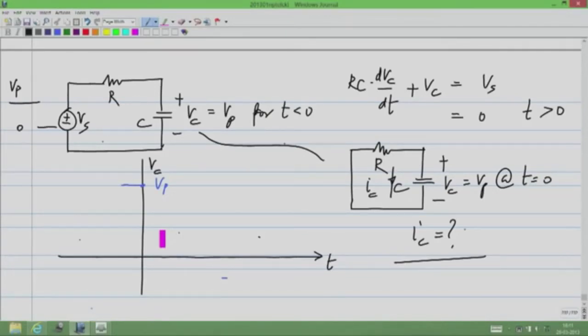There is an answer Vp by R, but please mind the signs, because I have used passive sign convention for IC, flowing from top to bottom.